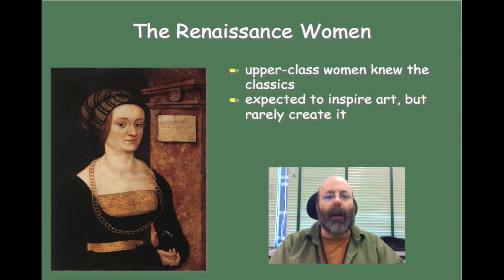So they rarely created it. So women were expected to be well educated, but they weren't expected to be creators of new information. They were expected to sort of be prepared to be a good wife and know what they were supposed to know, but not engage in business, not engage in artistic or scientific pursuits. They were supposed to be literate, but only to the point that that would help them be a good homemaker. And so it's a little bit different than the concept of a Renaissance man.